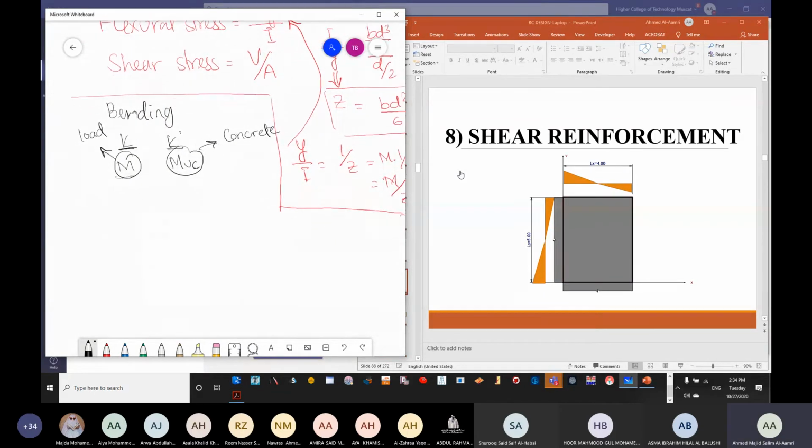When it comes to shear, once again, we are going to compare between V and VC, where V is the shear stress for the load, and VC is the shear stress of concrete.